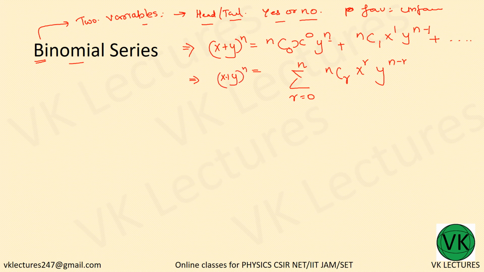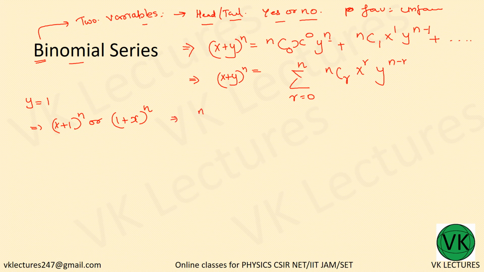Now you can have any restrictions on x and y so that you get the final output. For example, if you put y is equal to 1, then you can write (x plus 1) whole to the power n or (1 plus x) whole to the power n. Then how can you write this?